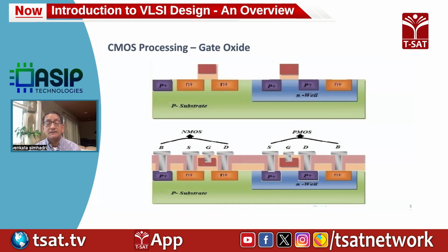In fact, this is a very complex process, and if you look at probably the 5 nanometer process at TSMC, it may be going through hundreds of these steps to get the final silicon wafer.